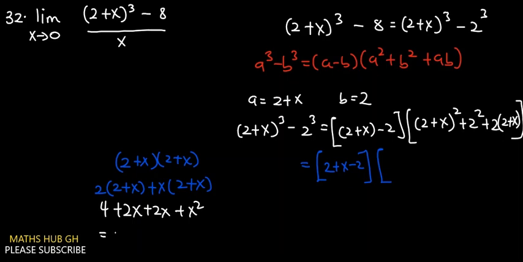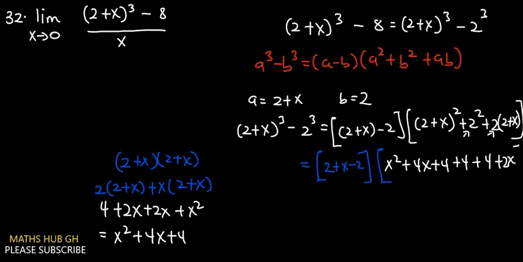So you are going to have x² + 4x + 4. So brackets open, x² + 4x + 4, and then raising this 2 to the power 2 gives us 4, so plus 4 here, and then 2 multiplying 2 gives us 4, plus 2x. That's what you are going to have.